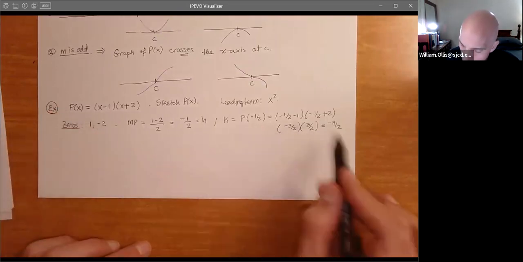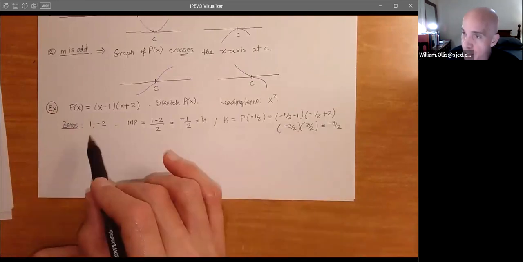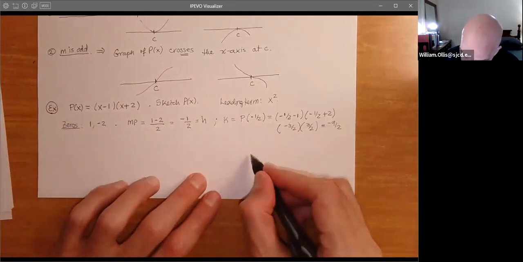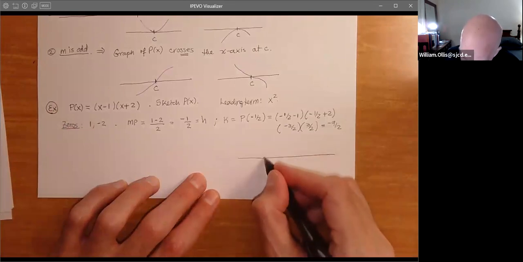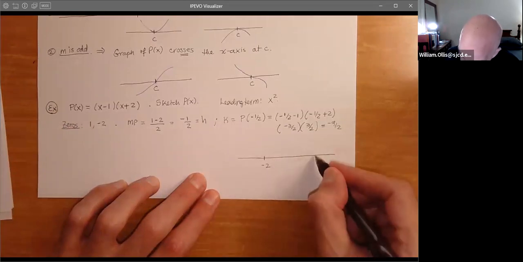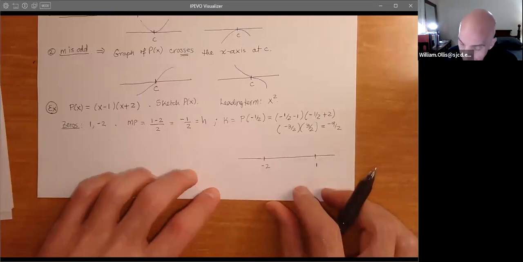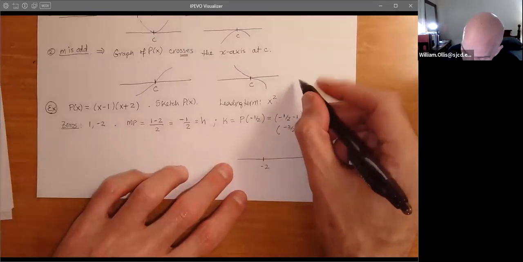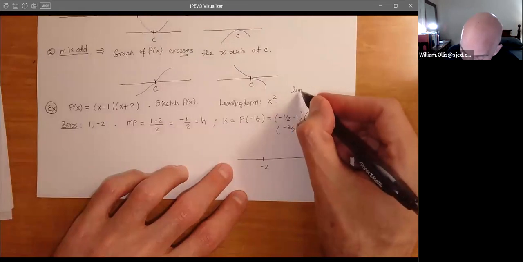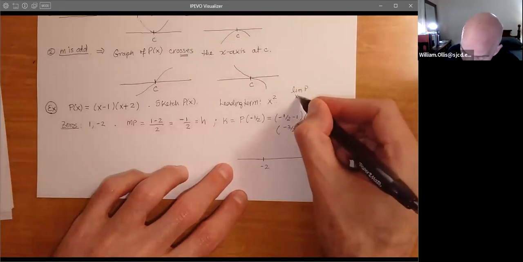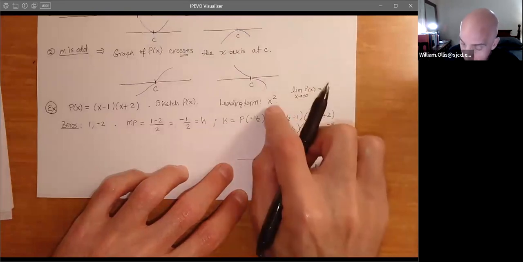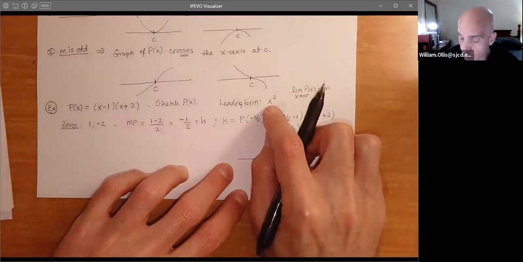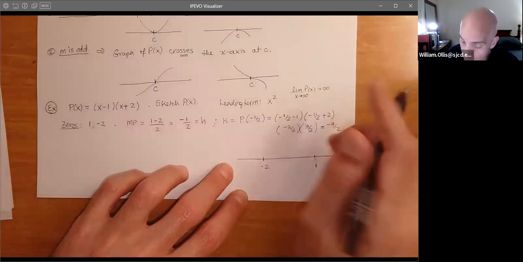And so now you're thinking we've got a vertex, we've got the zeros, and then if you want to think about the little sign test, you've got -2 and you've got 1. Well, with the end behavior, we can just say the limit of p as x approaches infinity will just be infinite, because again, we just take a positive number, and of course x squared is positive, so we get that.